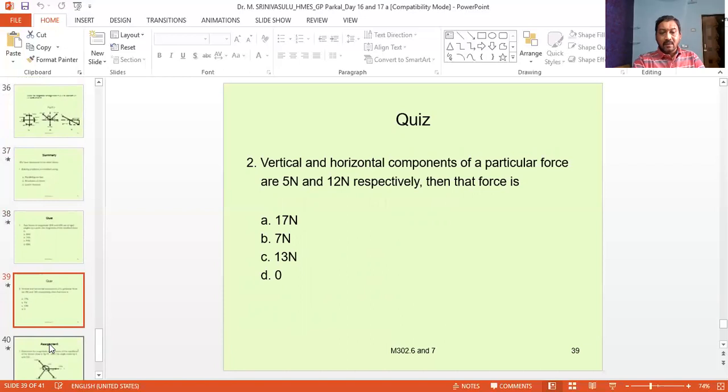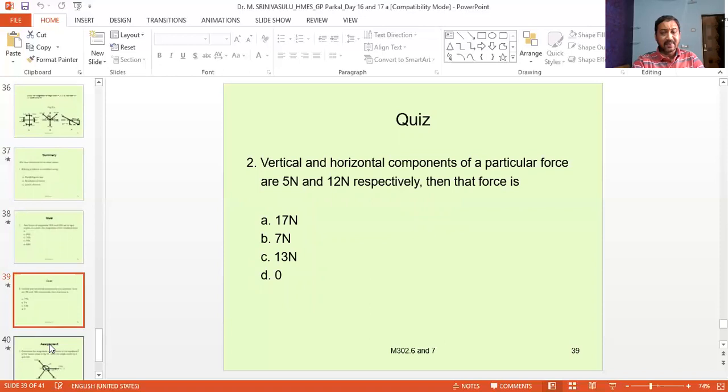Now the second question. The vertical and horizontal components of a particular force are 5 newtons and 12 newtons respectively.